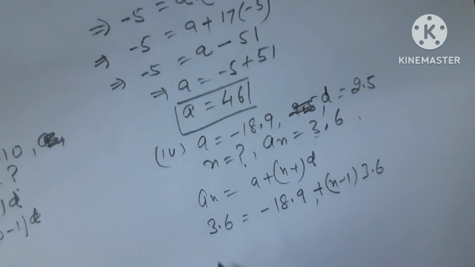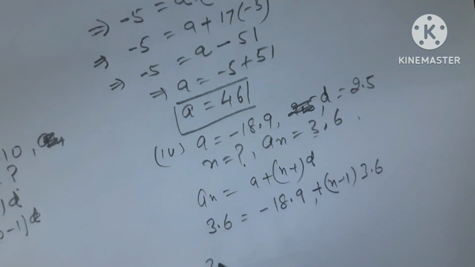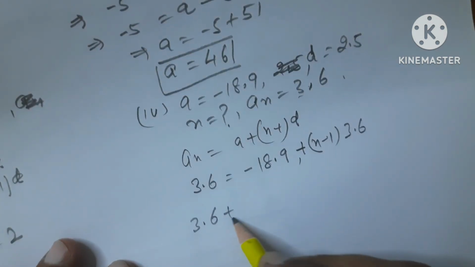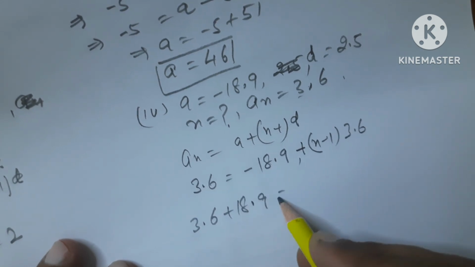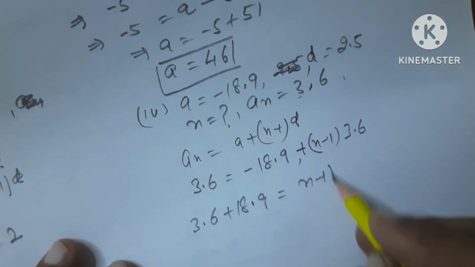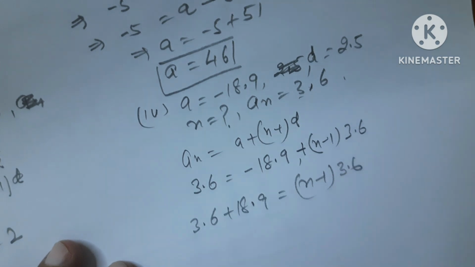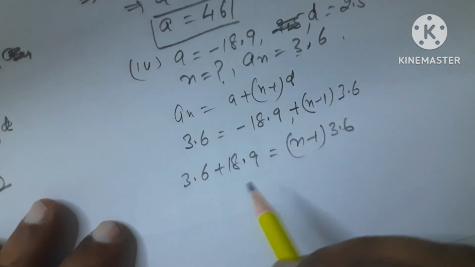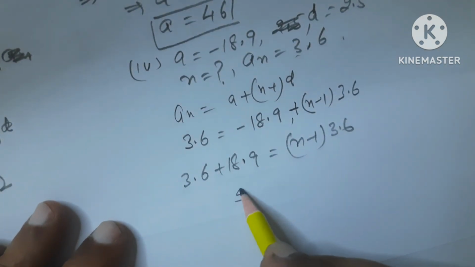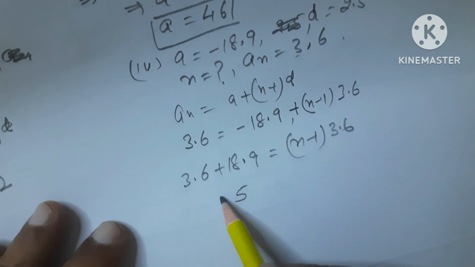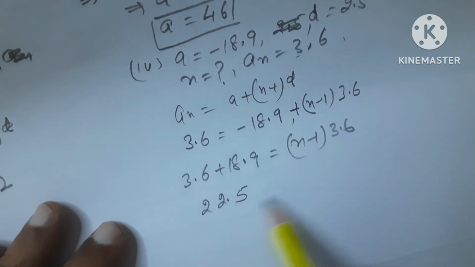So I'll shift this toward this side. 3.6 plus 18.9 is equal to n minus 1 into 2.5. This becomes 22.5.